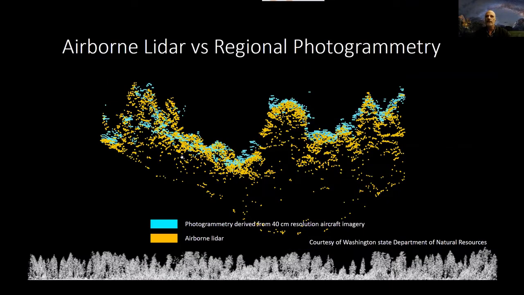I talked about very large scale photogrammetry, and Saba Sabiri will be talking about an example of this. And here we have LiDAR over a section of Washington State. LiDAR is in the gold color. You can see detail along the ground. Clearly, we have probably a little stream running through the bottom of here with hill slope, and we can see some structure, and we can see the top of canopy.